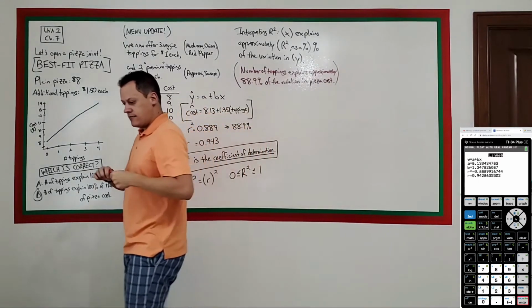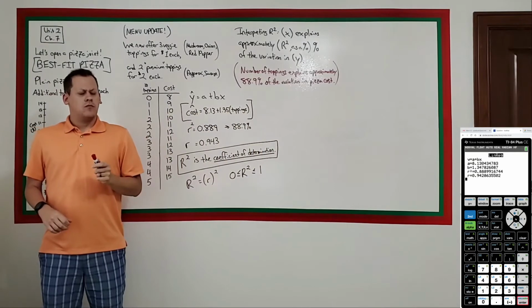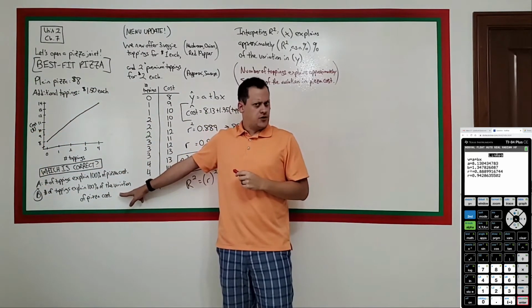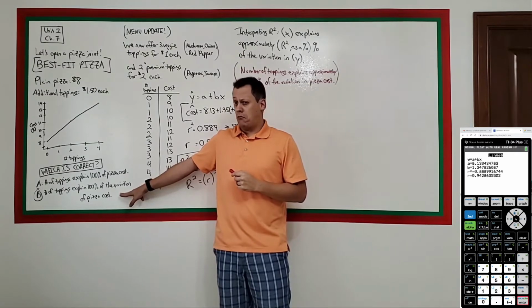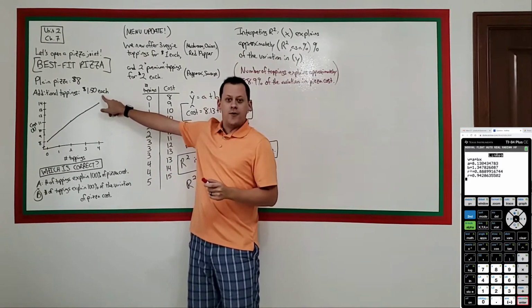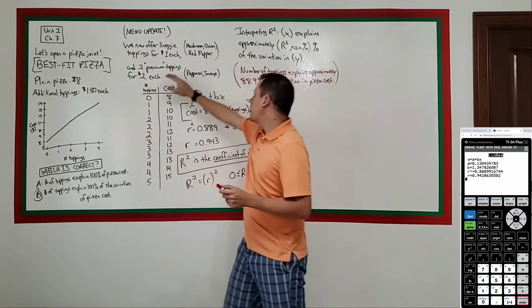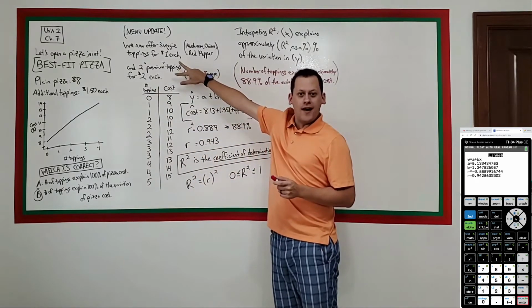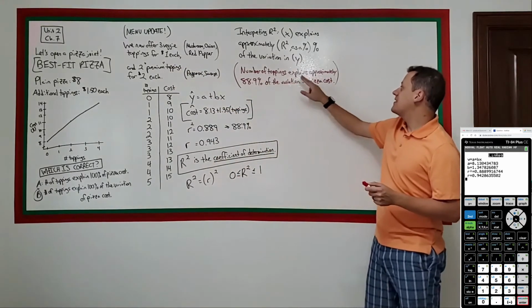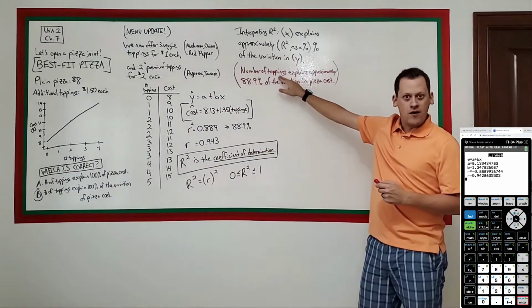All right. But I thought toppings explained 100% of the variation in pizza cost. That was when all the toppings cost the same amount. Now that our toppings cost different amounts of money, pizza cost isn't entirely explained by the number of toppings anymore.